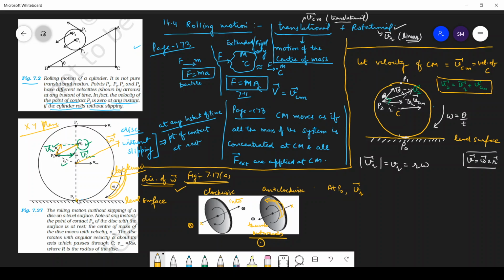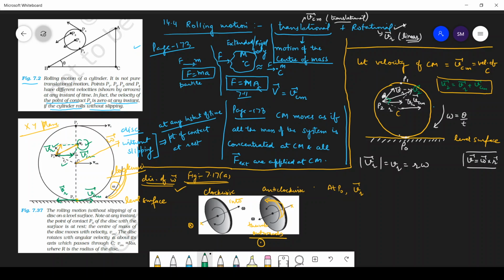So at P naught, we definitely have both the velocities. This is my VCM, the translational velocity due to translational motion, and at this point I have the rotational velocity. Rotation is in this direction, so I have this velocity due to rotation, which I call linear velocity.